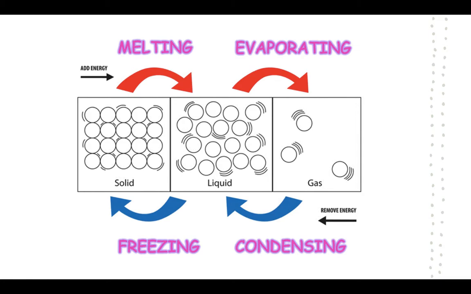If we go back the way and go from a gas to a liquid, the gas is condensed. And from liquid to solid is called freezing. In this case, we remove energy. We take away heat. We cool everything down, and we go from gas to liquid to solid.